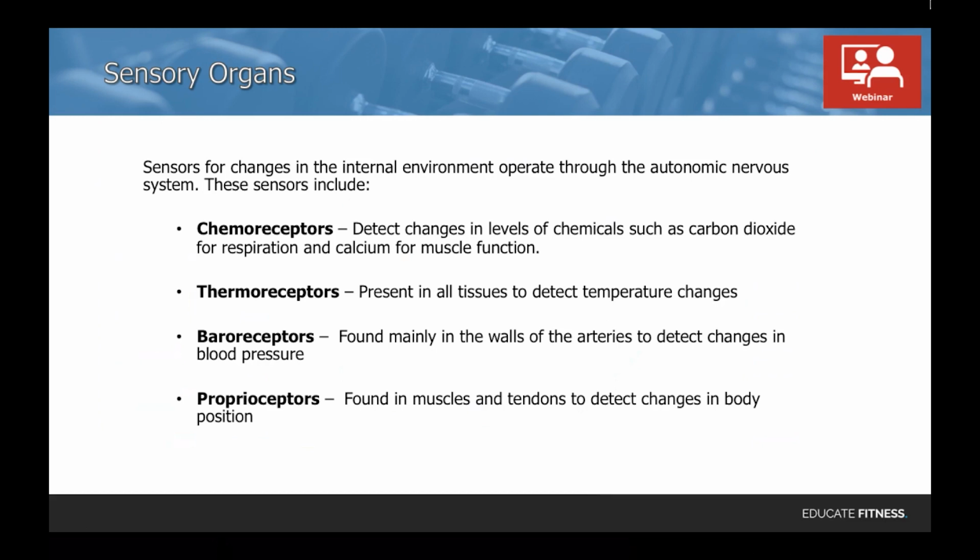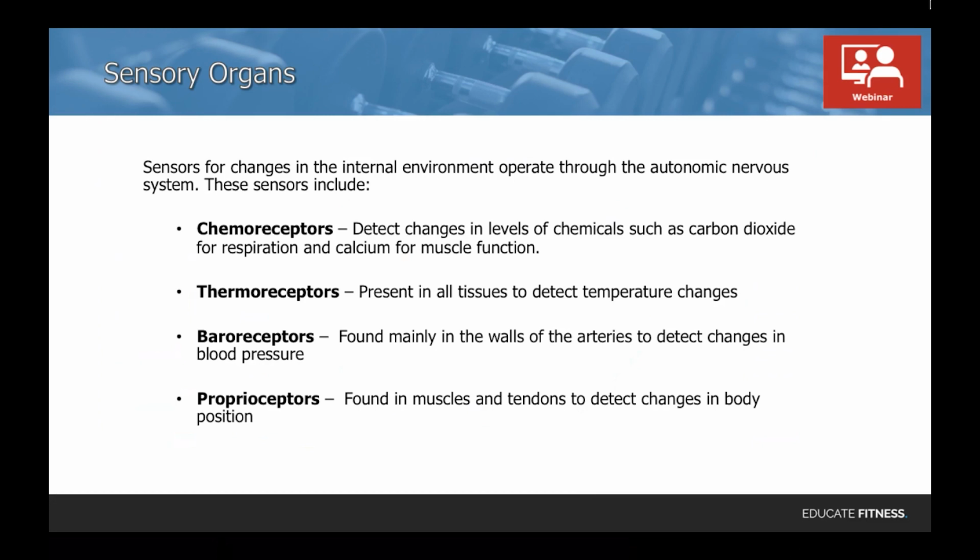So chemoreceptors detect changes in levels of chemicals such as carbon dioxide or calcium. You've got thermoreceptors, which detect temperature changes inside the body. You have baroreceptors, which detect changes in blood pressure. And then you've also got proprioceptors, which are found in muscles and tendons to detect changes in body position.